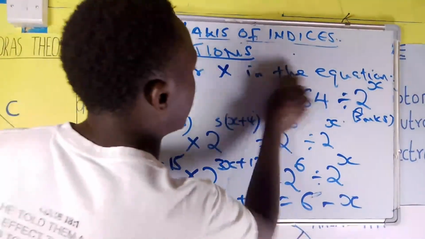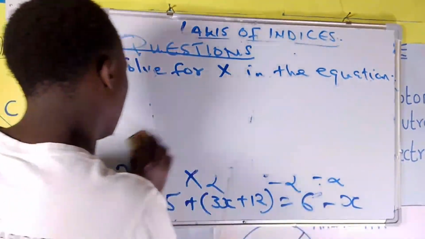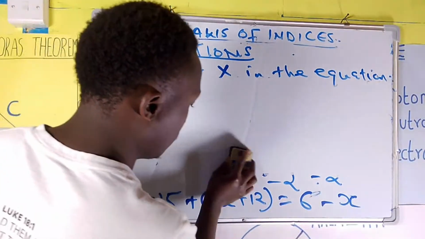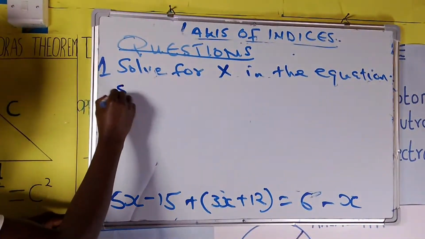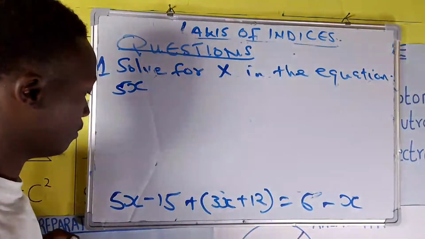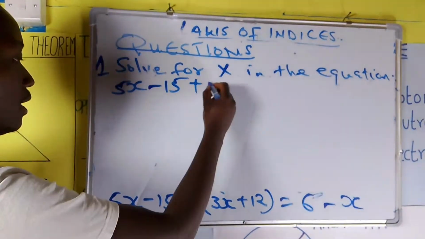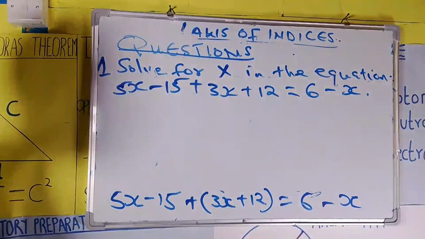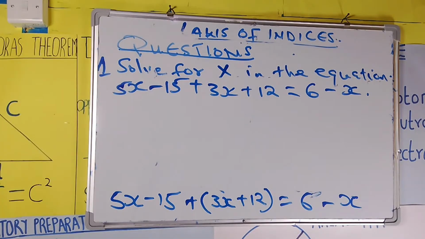So 5x minus 15 plus, open the bracket, 3x plus 12 is equal to 6 minus x.